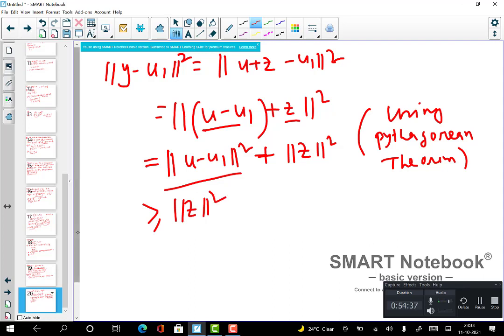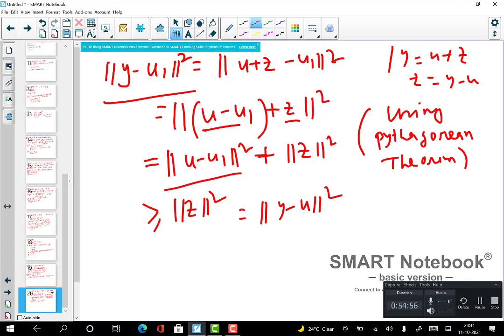Since y equals u plus z, z equals u minus y. So this is nothing but the norm of y minus u, whole square. So what do we claim? That the distance from u1 to y is always bigger than or equal to the distance from y to u. So u is kind of the closest vector to y on the subspace W.